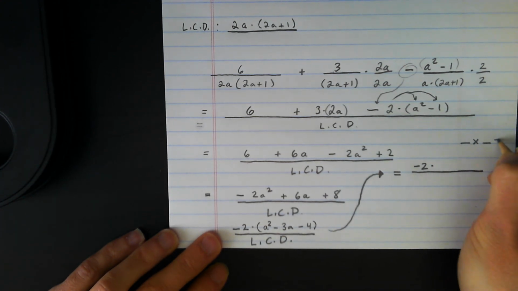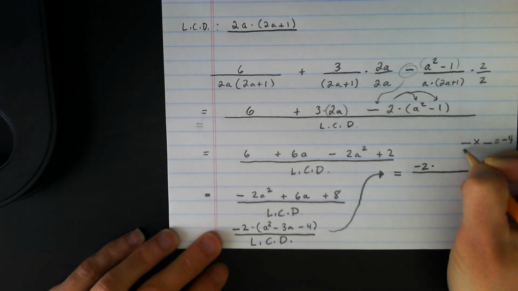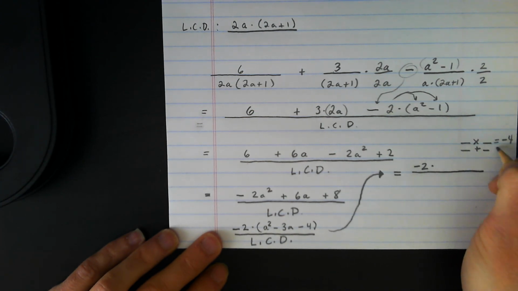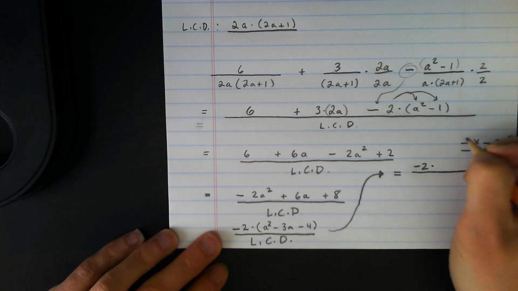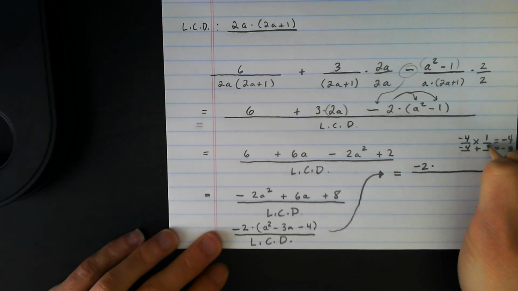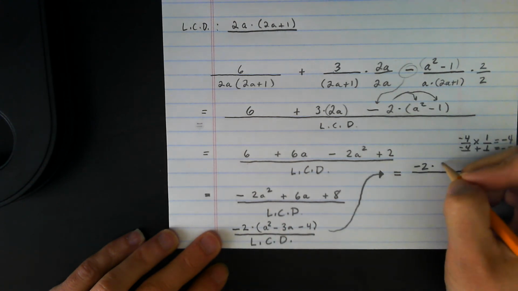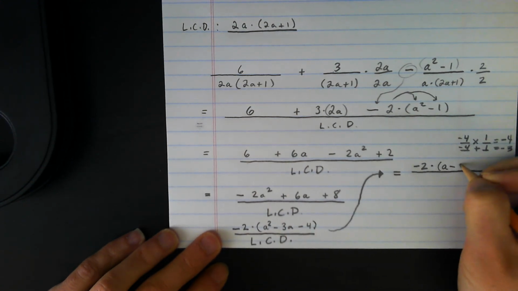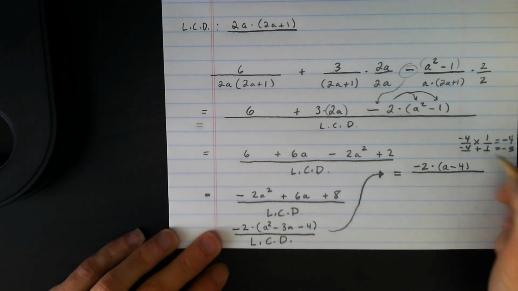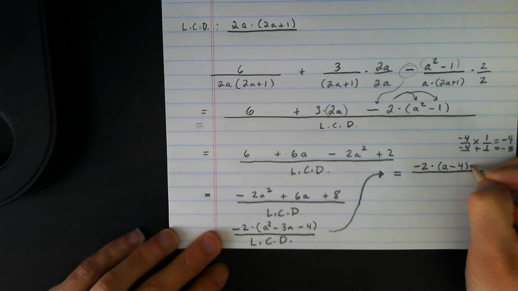What multiplies to minus 4 and adds to minus 3? Well, hopefully you can see it's just minus 4 times 1. Minus 4 plus 1, like so. So therefore the factorization of this is a minus 4 times a plus 1.